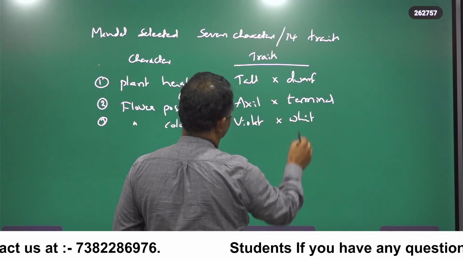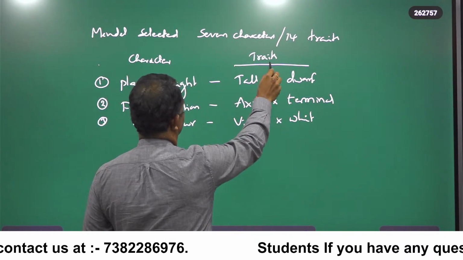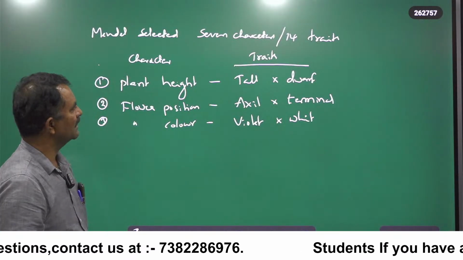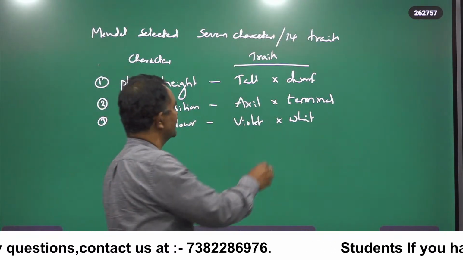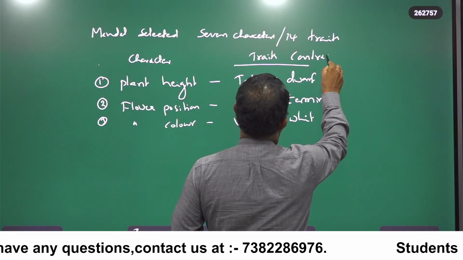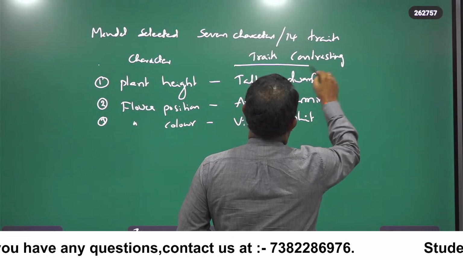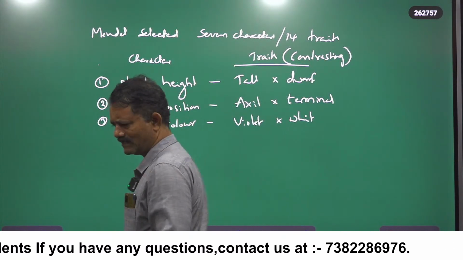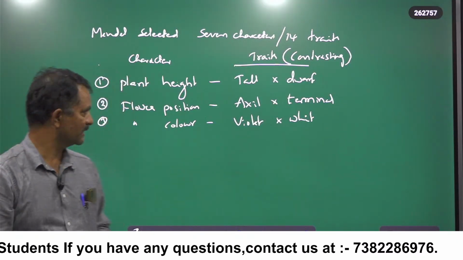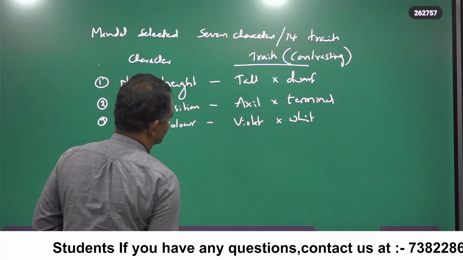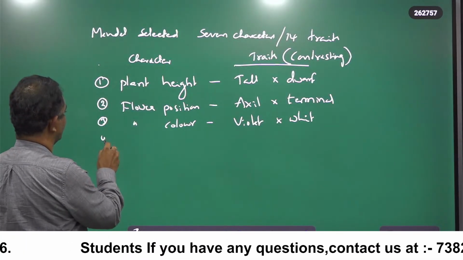These are the recessive traits. Traits are 2 types. One is dominant, another one is recessive. So they are called contrasting traits, opposite traits. Nothing but one has dominant allele, another one has recessive allele, right?